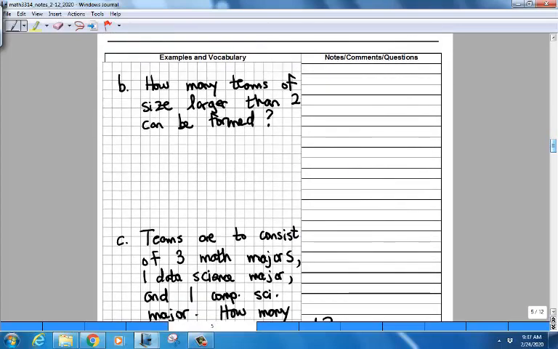How many teams of size larger than 2 can be formed? Larger than 2. Okay, so again, think of complements.